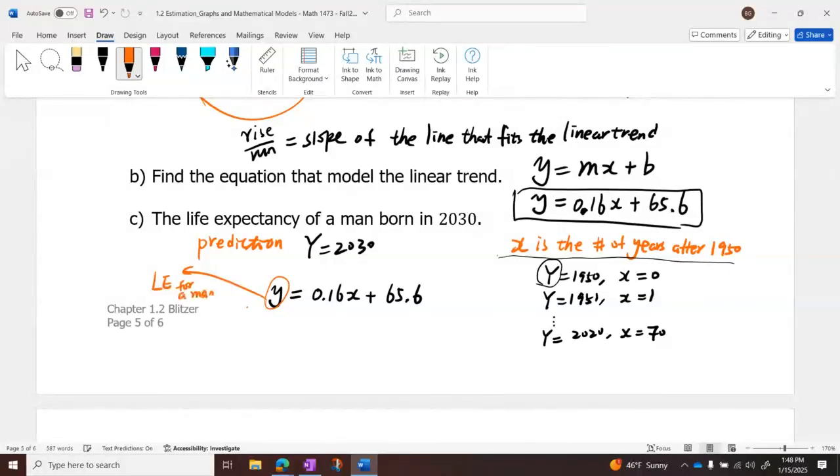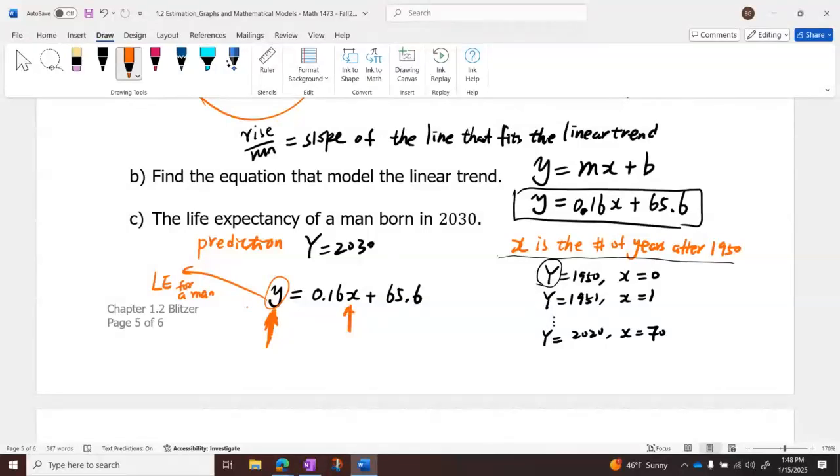Since we are predicting the life expectancy for a man born in 2030, we are predicting the value for y. Based on the model, in order to know the value of y, we have to know the value of x.